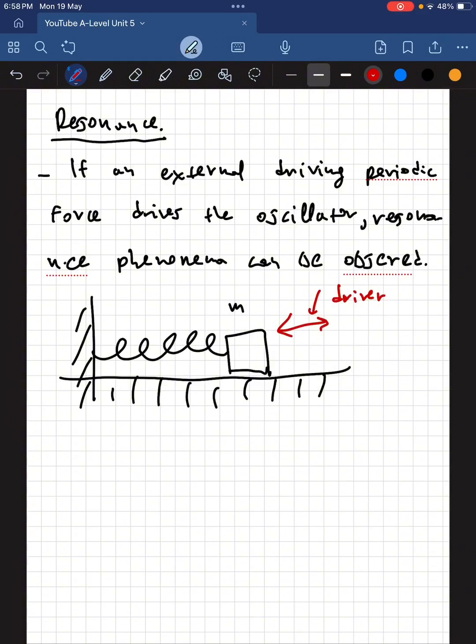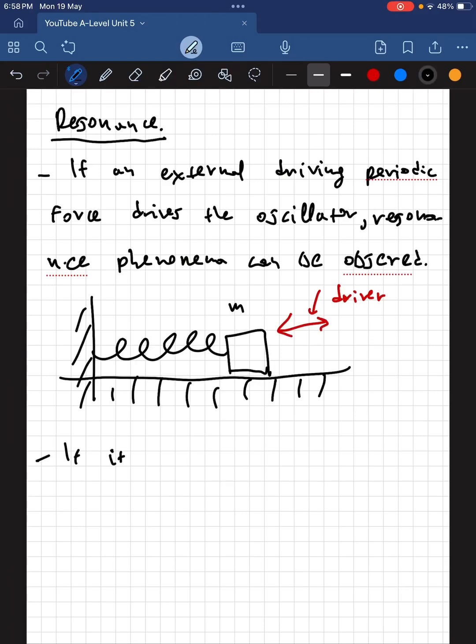Once it reaches a maximum amplitude, I keep pushing the spring back and forth. Another example is the swing. If someone is swinging and you keep pushing them, the moment they reach their maximum amplitude, you're going to make them move at an even higher amplitude, right? At an even higher height, because you provide energy all the time. So this is what the driving force is.